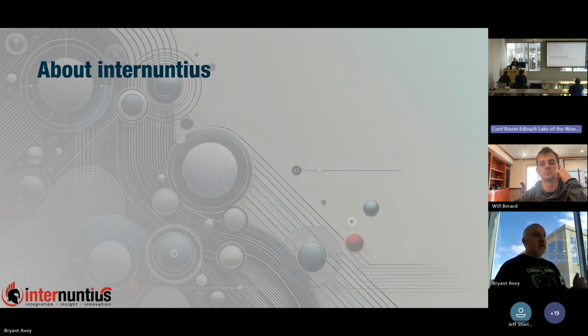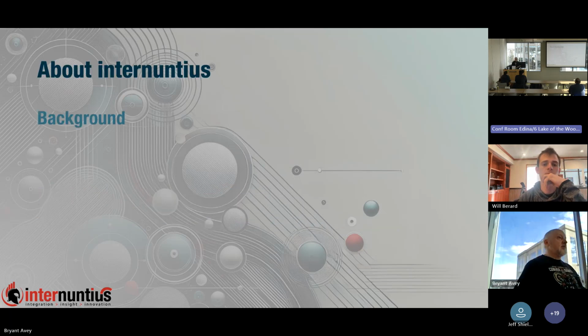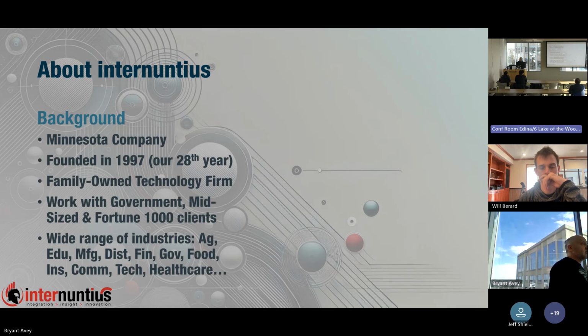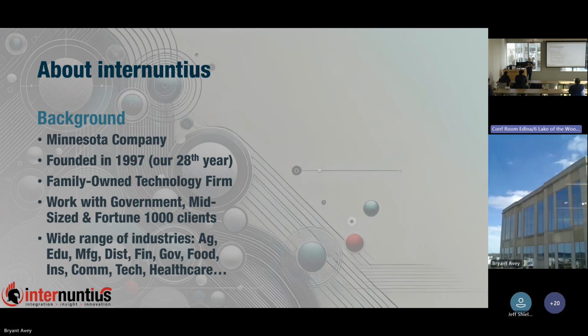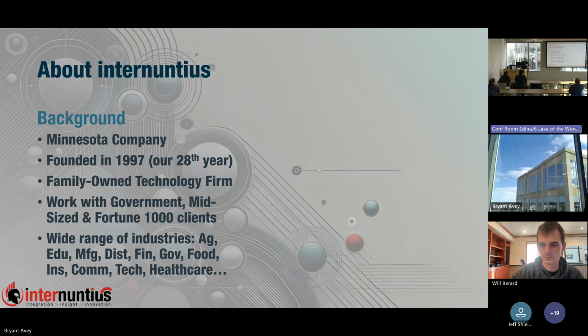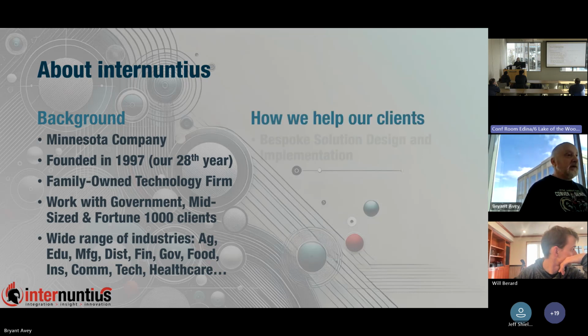Before we get started, let me tell you just a little bit about us. Internuntius is a Minnesota company. We were founded in '97, so we're about 3 months into our 28th year. We've been doing this for a long time. We're a family-owned technology company working with governments, mid and large-sized companies, and some of the largest companies in the world, across a wide variety of industries from agriculture, education, manufacturing, distribution, finance, government, food, insurance, communications, tech, and healthcare, to name several.